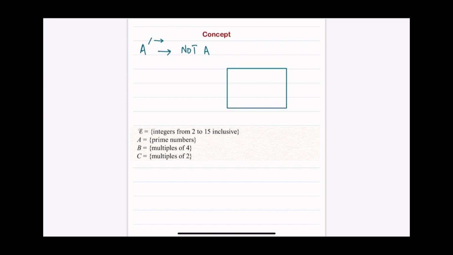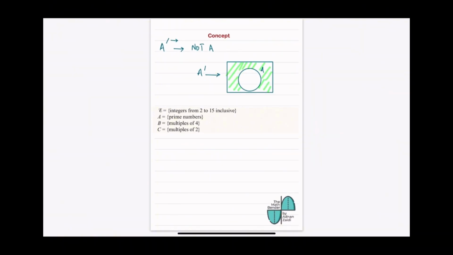So if I draw a set A here and say shade A complement, it means everything except A. So you will shade all of this except A. This is what complement means.